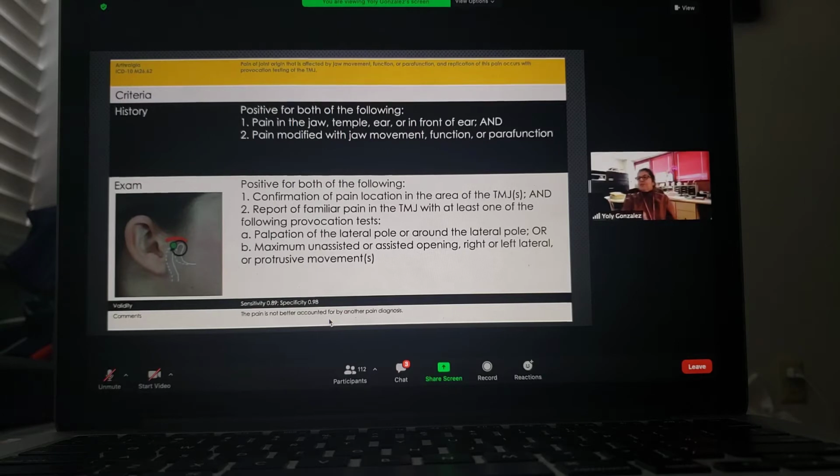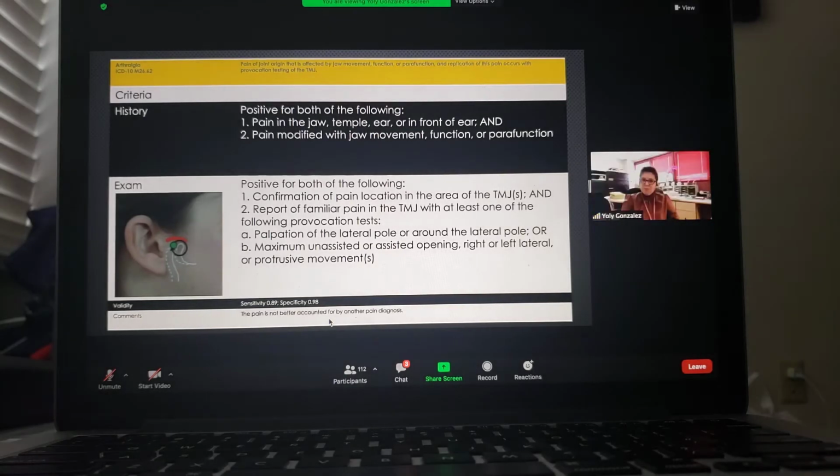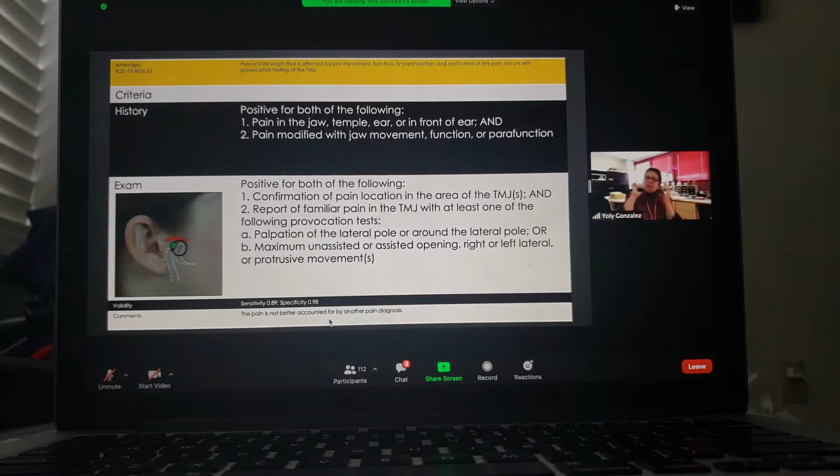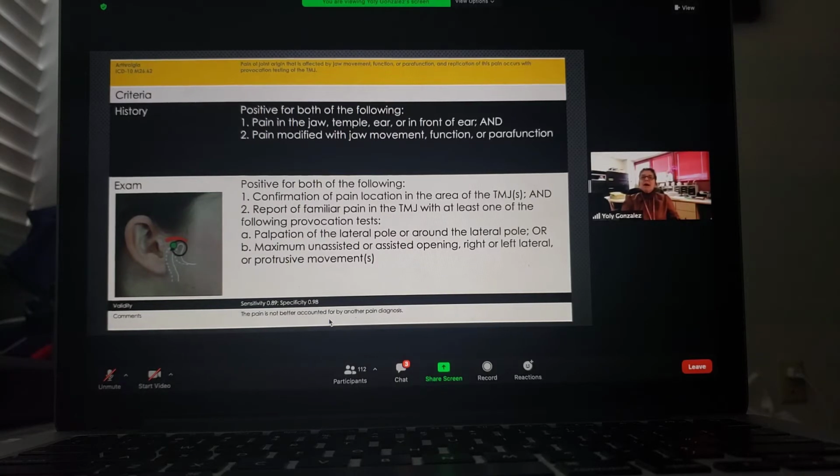Before Jenna asked the question, I was trying to say that even though it may sound very simple, oh, I know where the masseter is, I know where the joint is, one issue to keep in mind is that identifying the lateral pole and around the pole is not as simple as this particular picture may show.